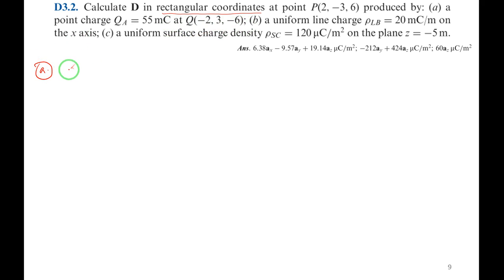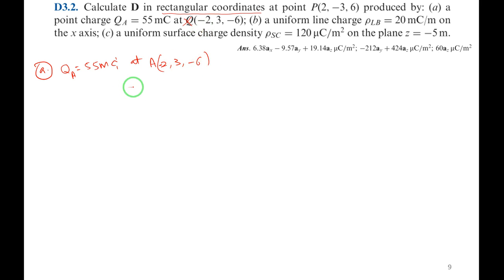So a point charge is given, QA equal to 55 millicoulomb at A. I will call it A, not Q. A is at minus 2, 3, minus 6.